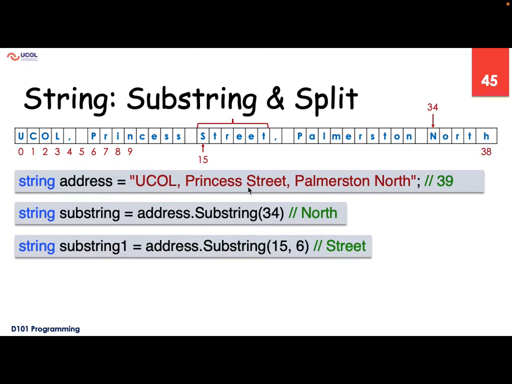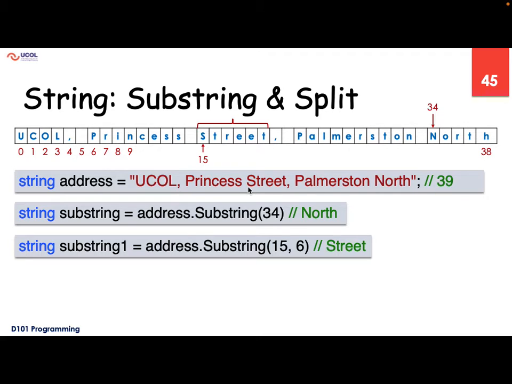Next one is we have given two values. When you give two values, it will find the index value 15, and now we are saying to only take 6 characters after that. So starting from the index value 15, that is S, it will take 6 characters, S, T, R, E, E, T, and it will return back street. Making sense?